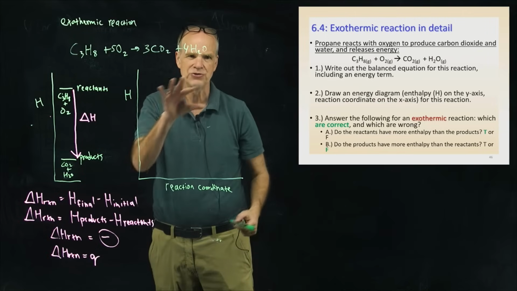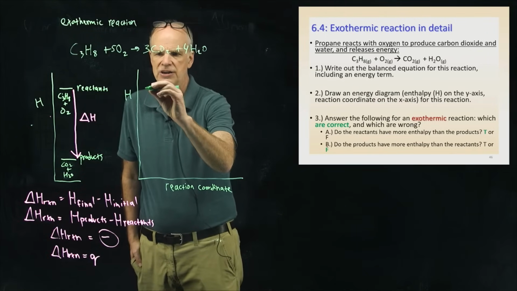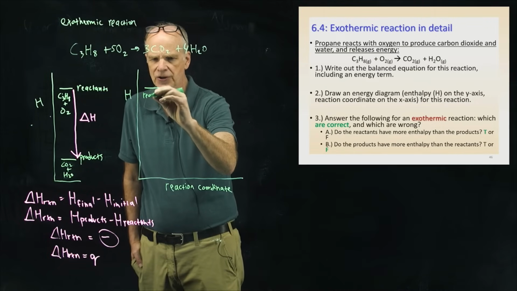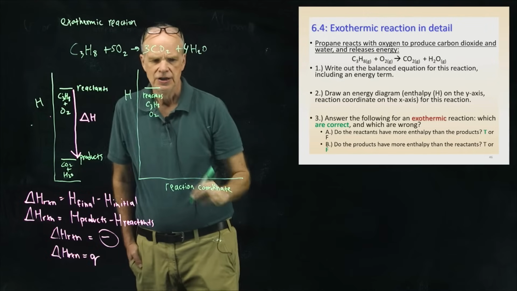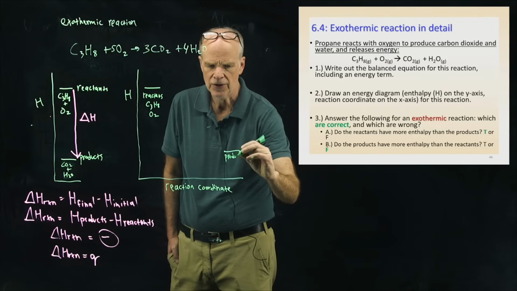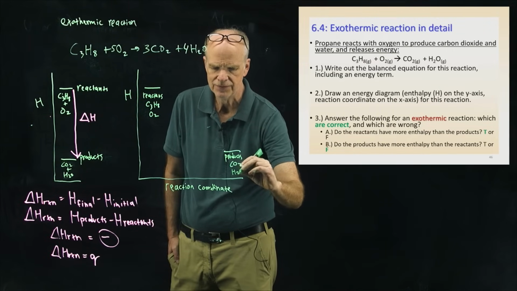So how can we sort of write this into this diagram? And so here again we'll have the reactants here. So we have reactants, and we have propane and oxygen. And then here we have products. And we have carbon dioxide and water.